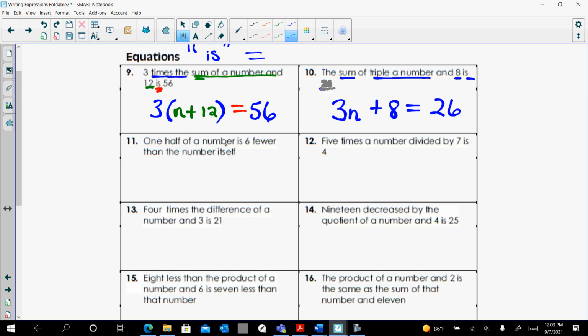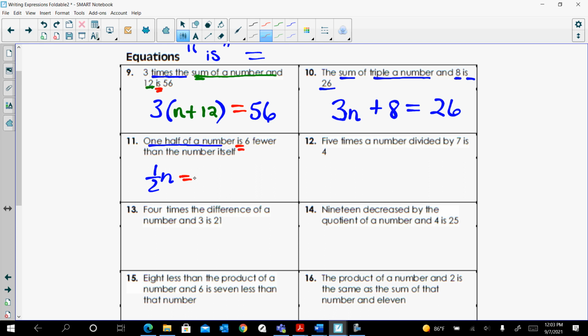All right, half of a number is 6 fewer than the number itself, okay? So if I just start off with this first part, it says half of a number. That's just 1/2 n. Then because I see the word is, that means that's an equal sign.